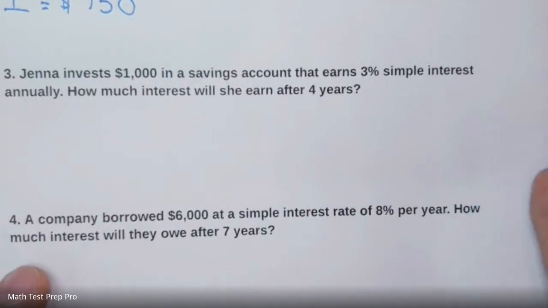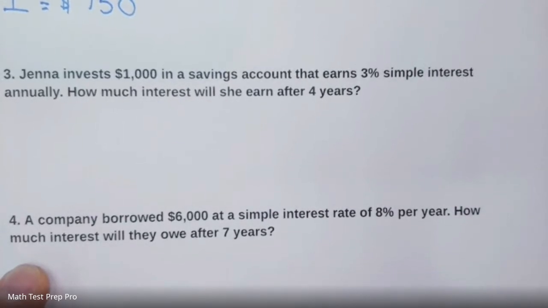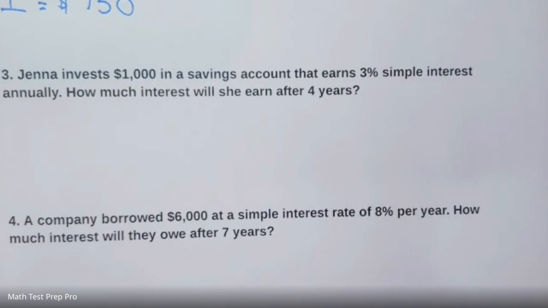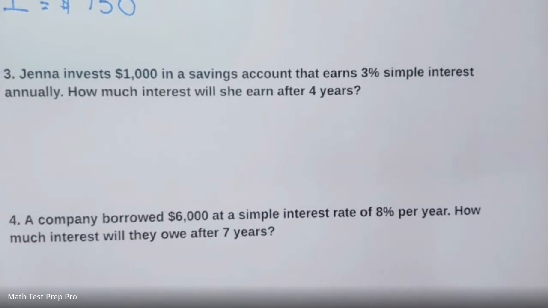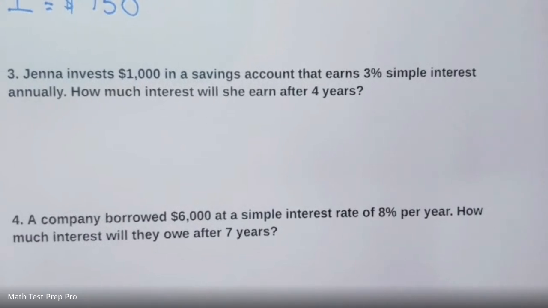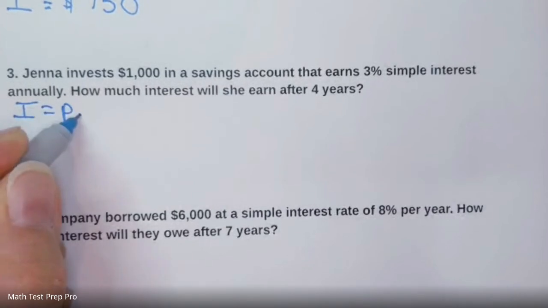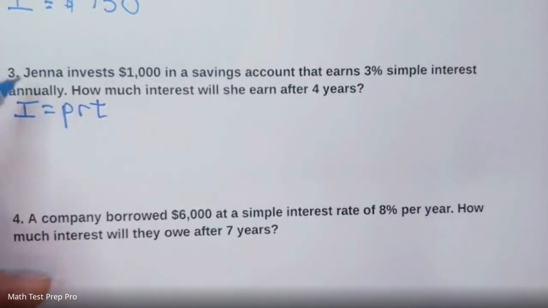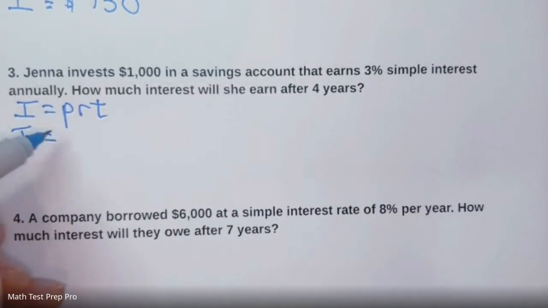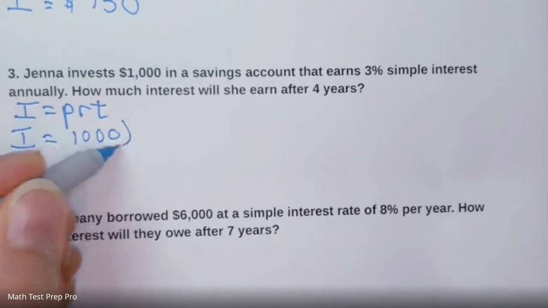Jenna invests $1,000 in a savings account that earns 3% simple interest annually. How much interest will she earn after 4 years? Same formula, I equals PRT. So she starts off with $1,000. She invests $1,000 initially, so that's 1,000.